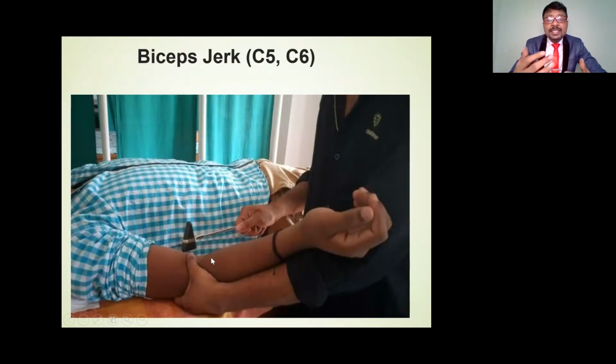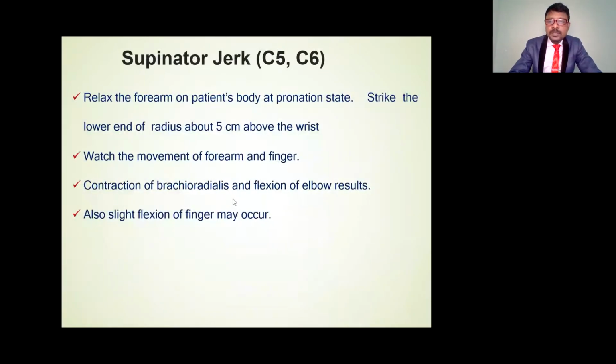If it is exaggerated, meaning a sharp or faster movement, it indicates an upper motor neuron lesion, either a spinal cord injury or disc compression, causing hyperreflexia. The response will be faster. So that is the biceps reflex.